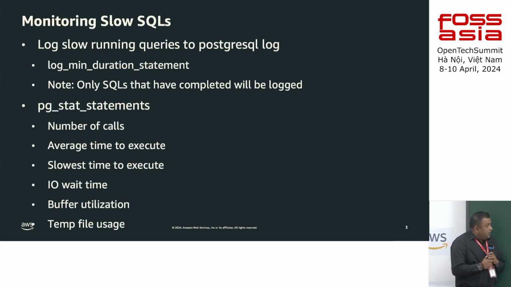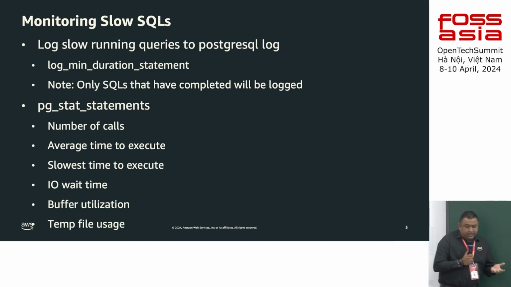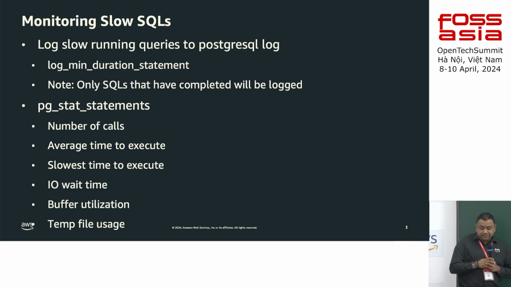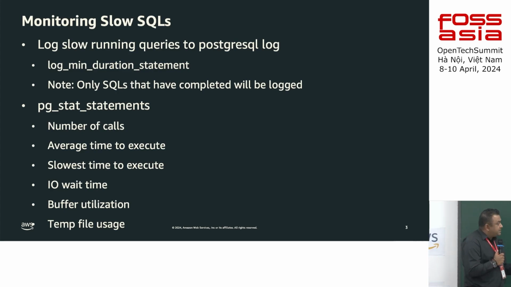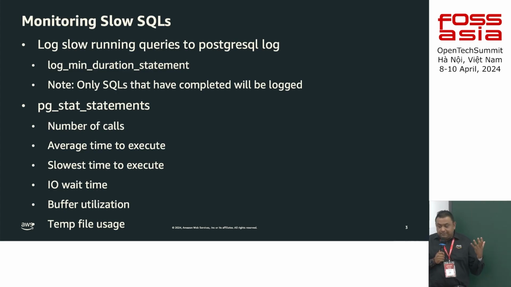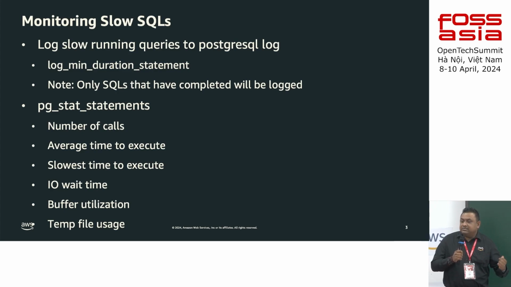Postgres allows you to log slow running queries by setting a threshold for a parameter called log_min_duration_statement. You can also use the extension on Postgres called pg_stat_statements to identify the average and maximum time taken to execute some of the top running SQLs on Postgres.